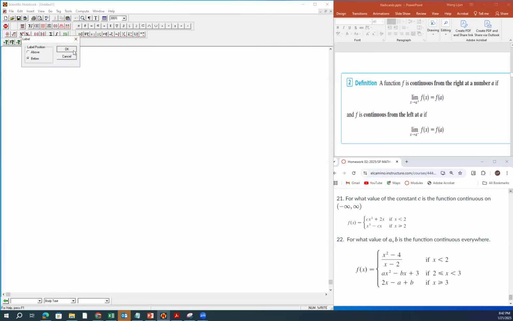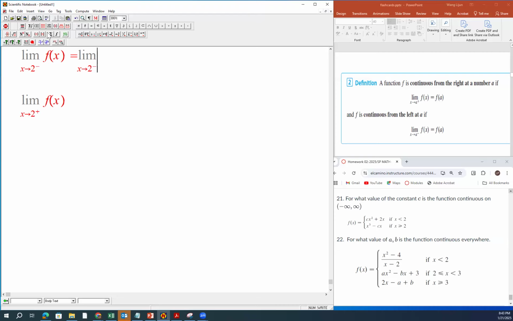So we're going to take the limit while x is approaching 2 of f of x, from smaller than and larger than. We want them to be equal. When x is approaching 2 from smaller than, f of x should be substituted by the rule when x is less than 2.